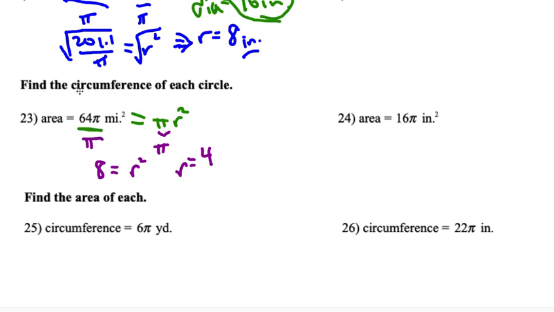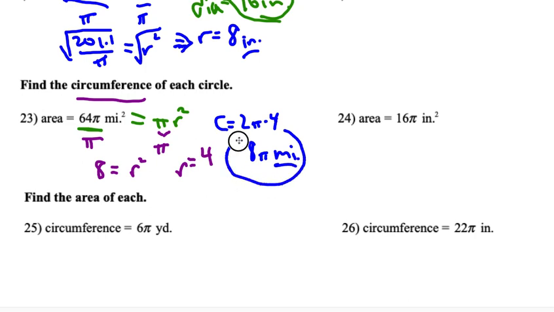But wait, they want the circumference. So if you know the radius is equal to 4, hopefully we remember that the circumference is equal to 2 times pi times 4. And I like to go easy on myself. 2 times 4 is 8, pi is pi. Besides, they gave us an exact answer before, we might as well give an exact answer back. 8 pi miles, and you're done.